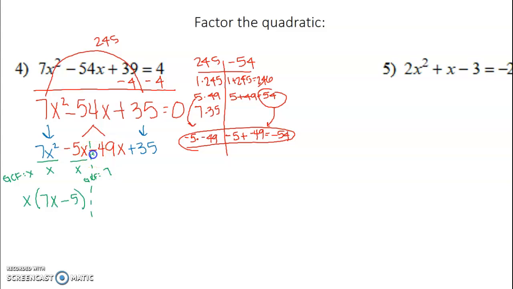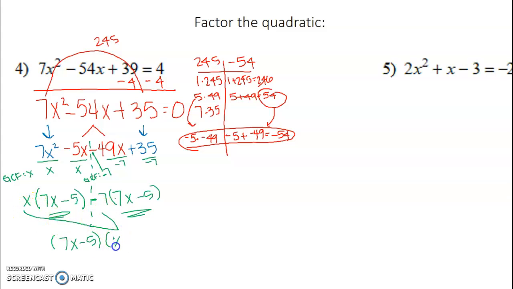But because of this negative right here, I actually have to use a negative 7. So I have negative 7. When I divide everything by negative 7, I get 7x minus 5. I now have the same thing for both of these. And I can pull these guys over to be my x minus 7.